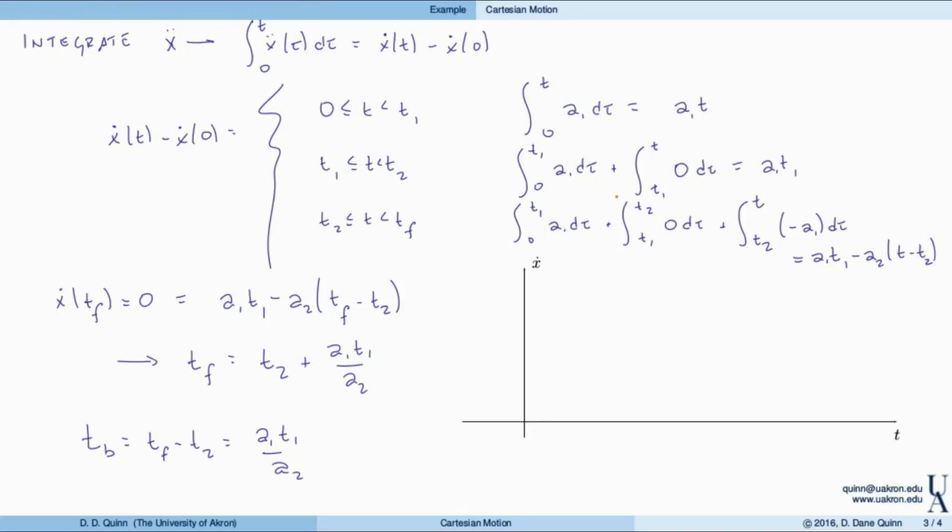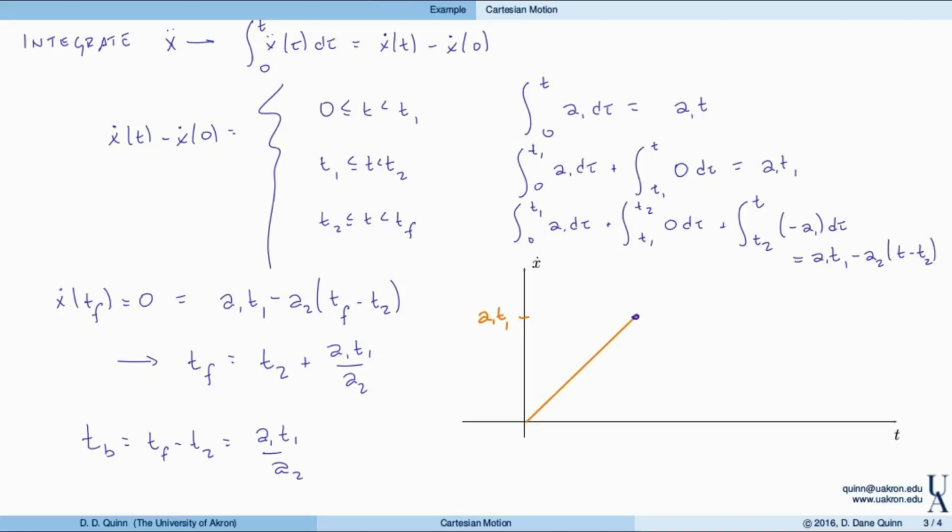So we'll start off at rest, 0, and we'll increase the speed linearly in time until we reach a value a1 t1. And then we'll hold that.